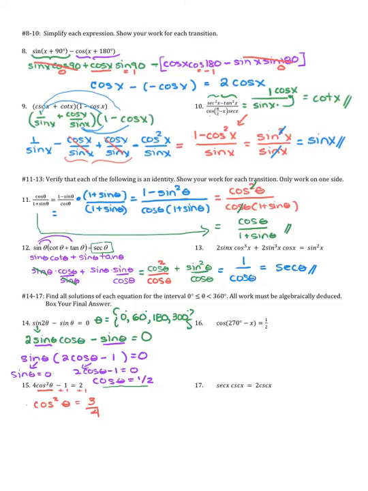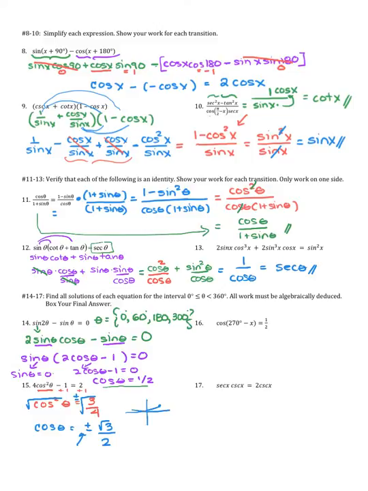Aha, but wait. If we take the square root of both sides, remember we have to put in a plus or minus, that gives me cosine theta equals plus or minus rad 3 over the square root of 4, which is 2. That is going to be on your unit circle, and notice you have the plus or minus. So you're looking at all 4 quadrants.